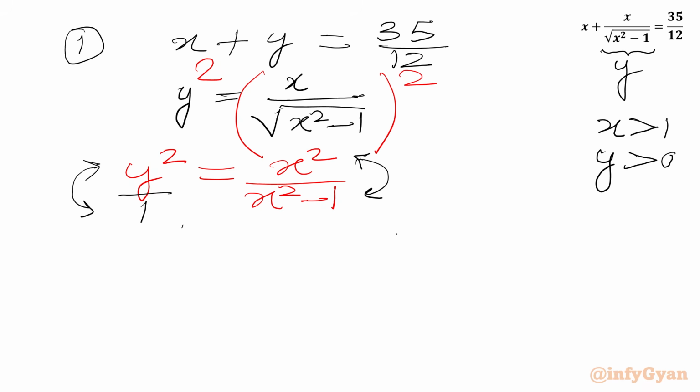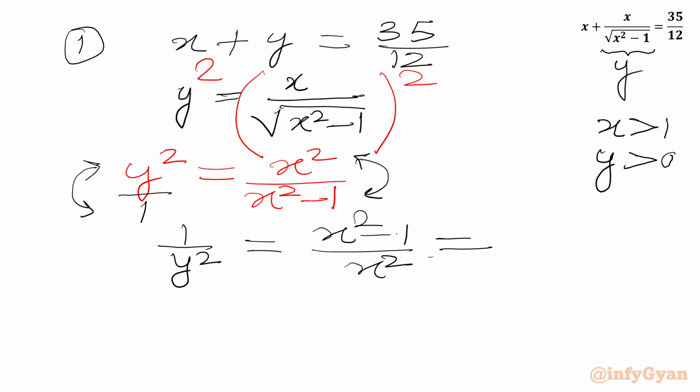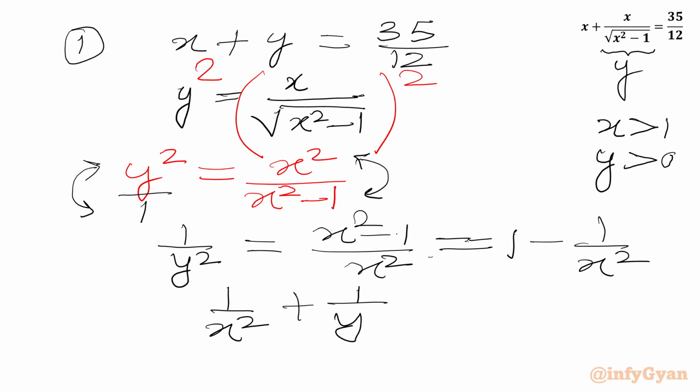So we can write 1 over y square equal to (x square minus 1) over x square, which will be equal to x square over x square minus 1 over x square. Now we'll add 1 over x square to both sides and we'll get 1 over x square plus 1 over y square equal to 1.